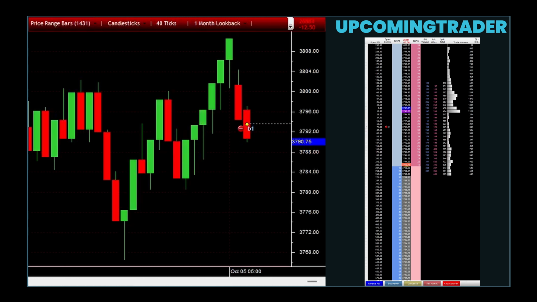One common pattern is the bullish engulfing. It occurs when a smaller red candle, signifying a price decrease, is followed by a larger green candle, indicating a significant price increase, essentially engulfing the red candle.